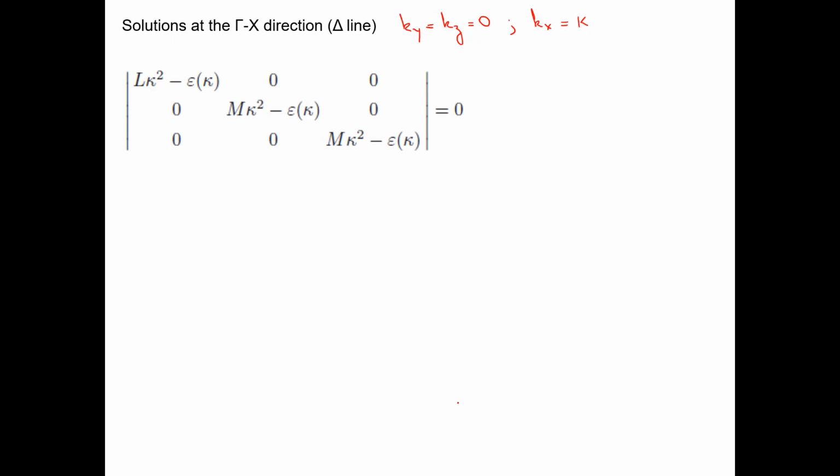So from that, I can immediately read the three possible solutions. Actually, I have one non-degenerate solution equal to L kappa squared, and another twofold degenerate solution, M kappa squared. This is twofold.